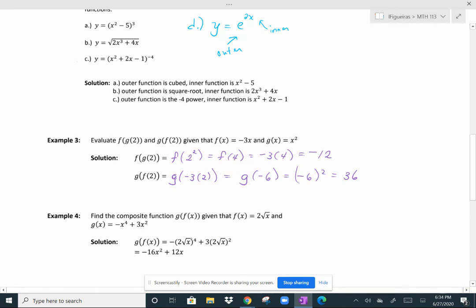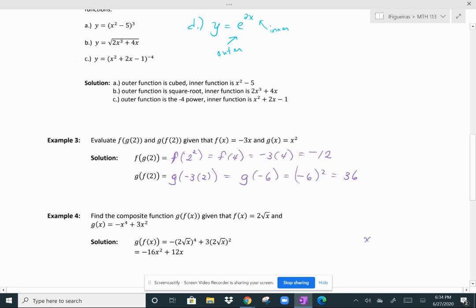So 2 root x to the fourth power, that means you have to multiply this 4 times. 2 to the fourth is 16, and root x to the fourth power means root x times root x times root x times root x, which is basically just x squared, which is what you see here. So we have the negative 16x to the fourth, and then we have to square the 2 root x, and so that becomes 4x, and 4x times 3 is the 12x that you see below.